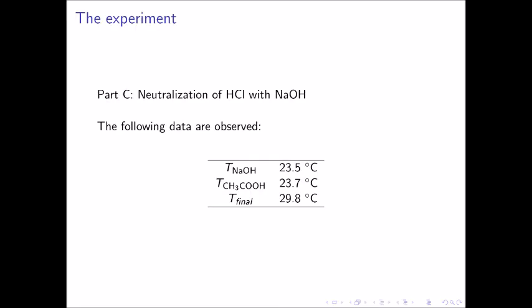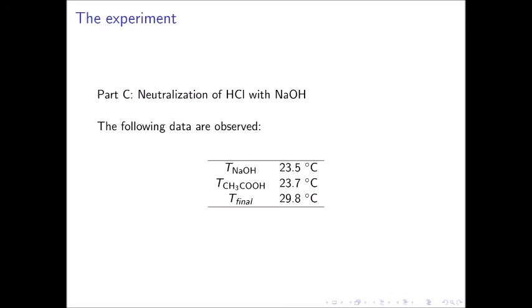The data for part C are given below. The temperature of the sodium hydroxide was 23.5 degrees Celsius. The temperature of the acetic acid was 23.7 degrees Celsius, and the final temperature was 29.8 degrees Celsius.